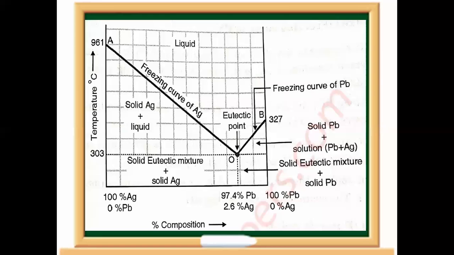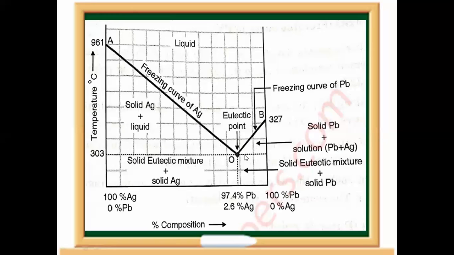Just have a look at the phase diagram over here. This portion below O along the curve AO and along the curve BO, we have separated the two curves here with a dotted line. So below 303 degrees Celsius under AO, what is present? There is the solid eutectic mixture of lead and silver, and there is solid silver also existing.